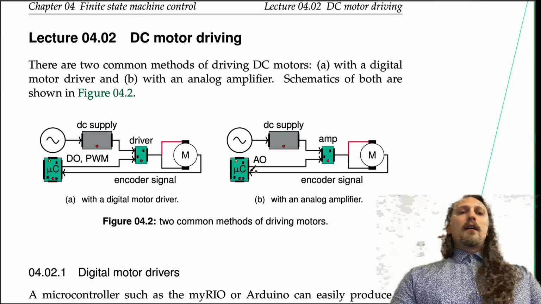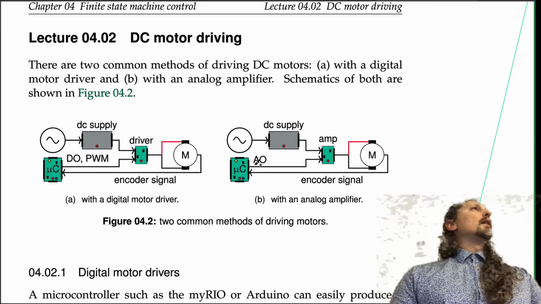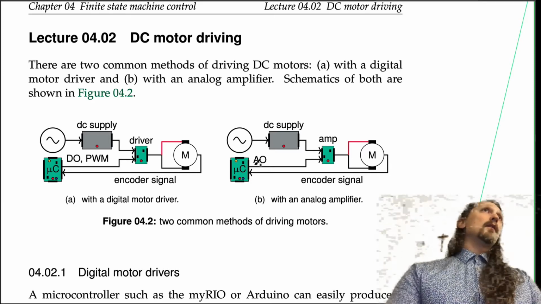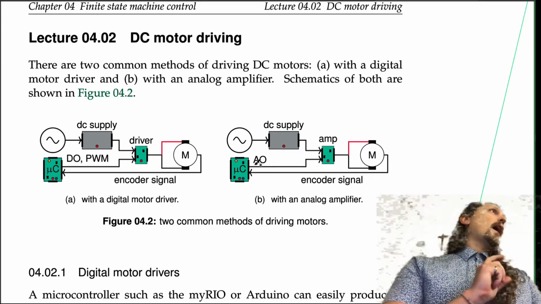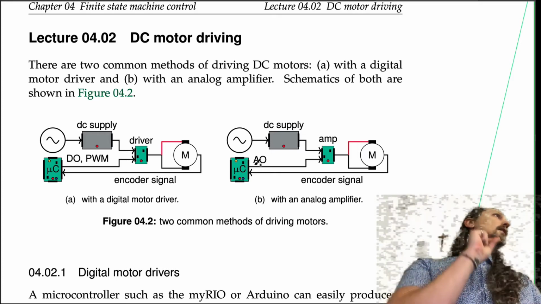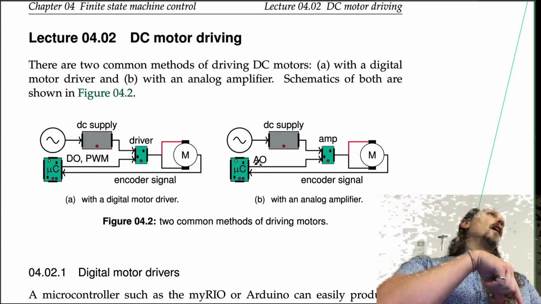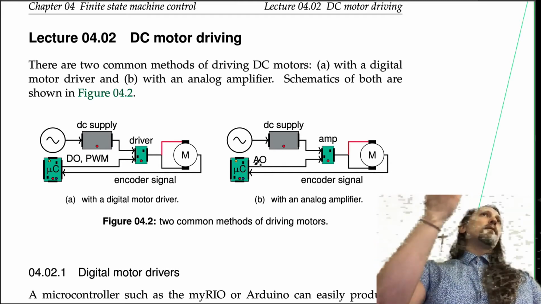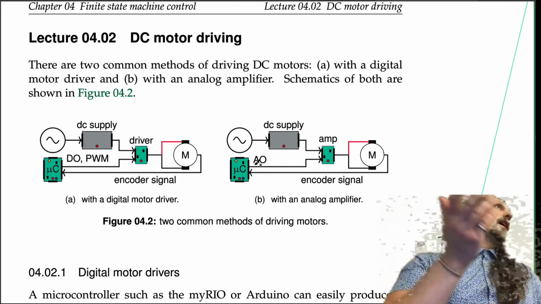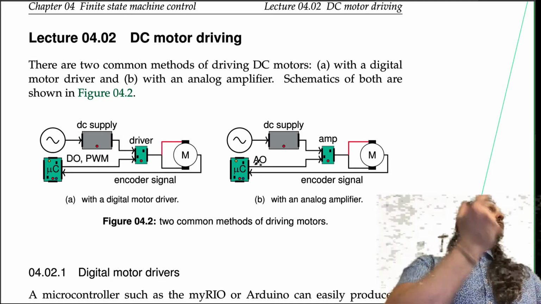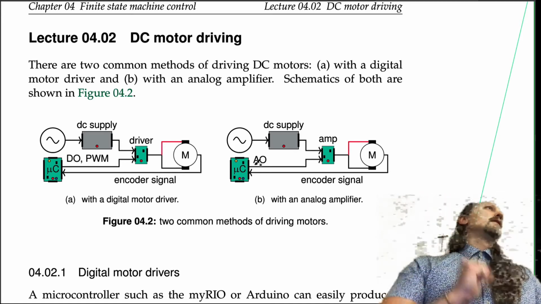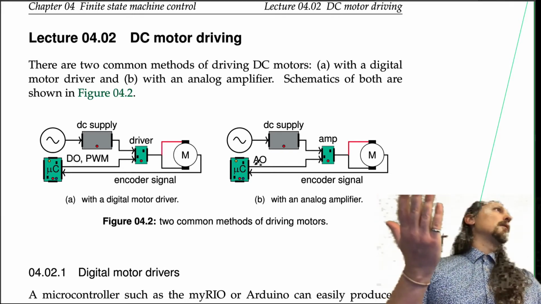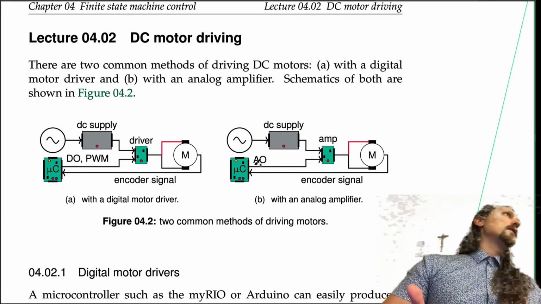And the analog output is being used this time. So our MyRIOs and most microcontrollers have the ability to put out an analog signal, not at just on or off, so not just logical high, logical low, with a digital signal like we looked at last week, but with a variable voltage from anywhere, in our case, from plus 10 volts to minus 10 volts.